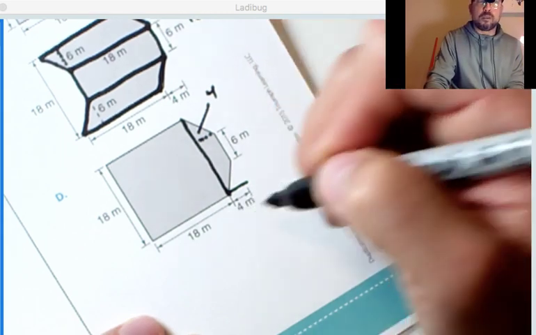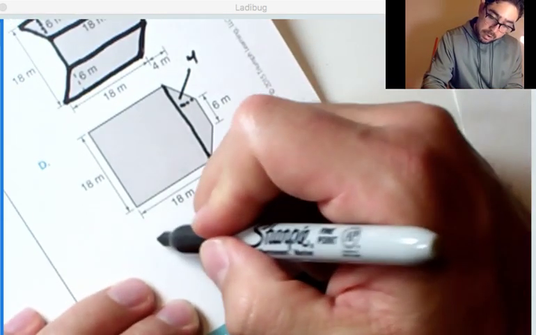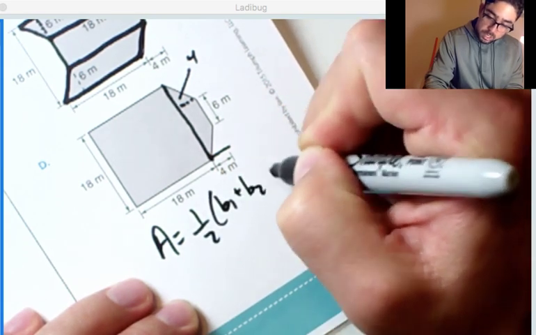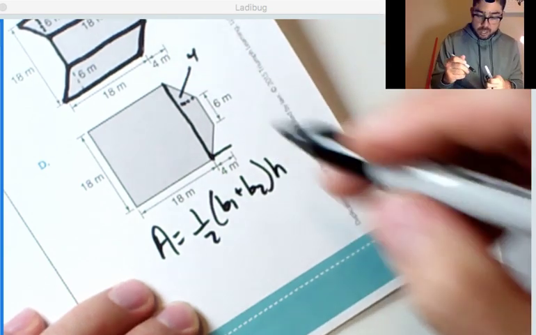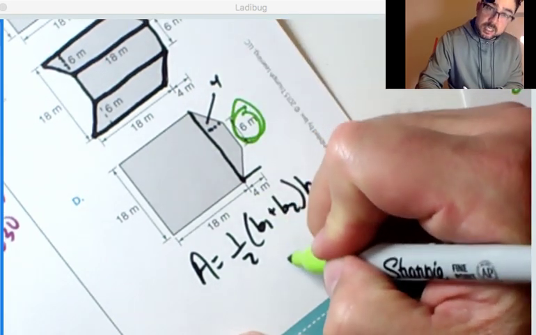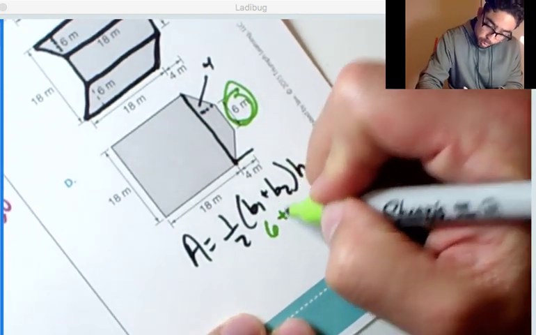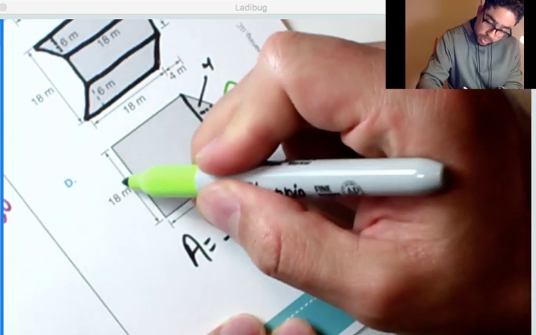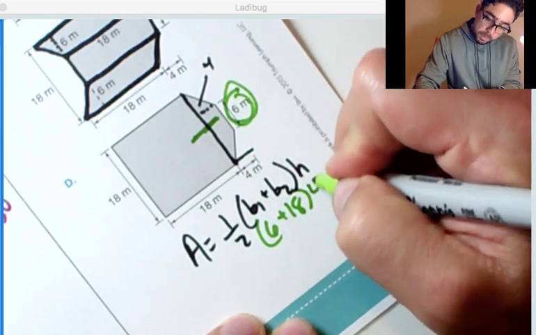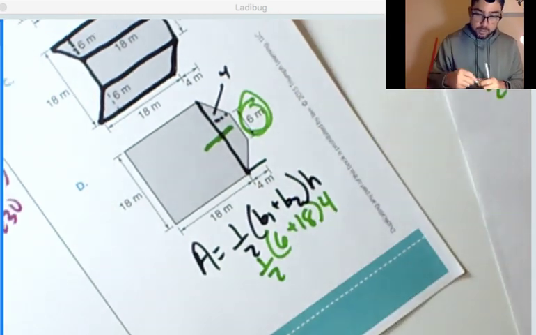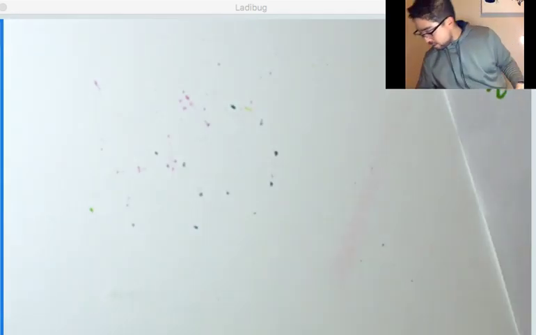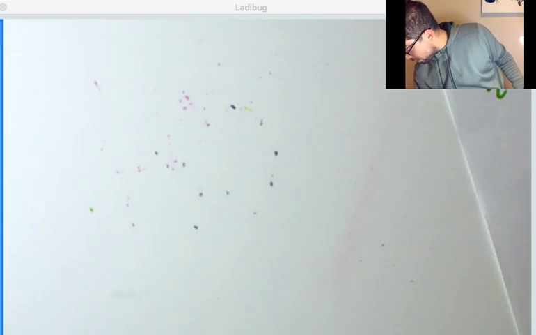So my formula for finding the area of this trapezoid, area equals 1/2 times base 1 plus base 2 times height. So then we know base 1, this is base 1 here, which is 6, plus base 2, which is this little measurement right here, which is congruent to the other side, which is 18. 6 plus 18 times the height, which was 4, times 1/2. You can simplify that. I'm going to move on. So you have to go through each one of those to figure out which one has an area of 372 square meters.